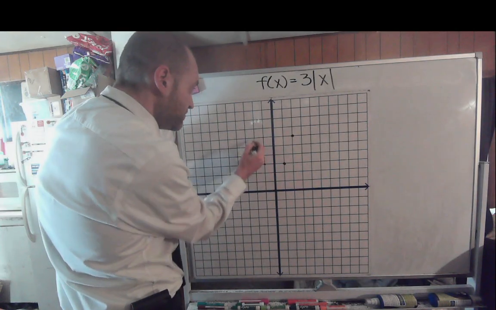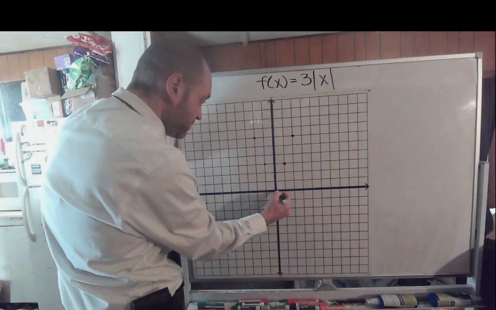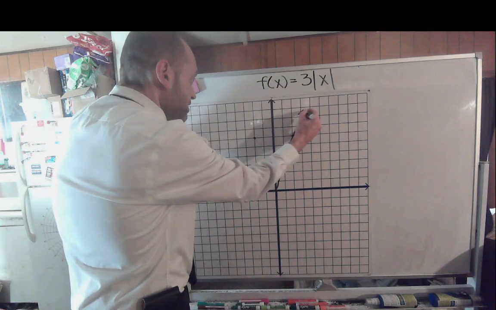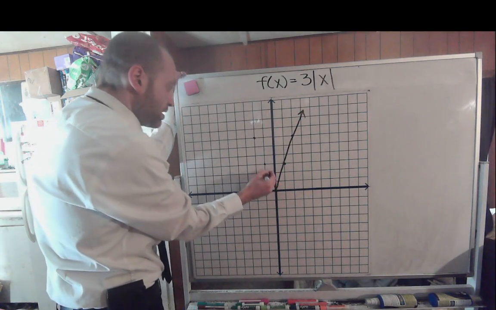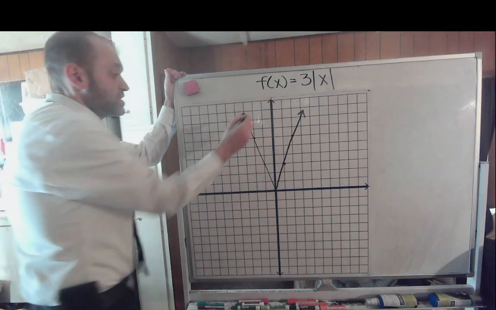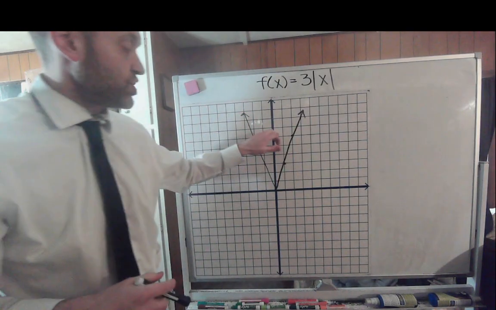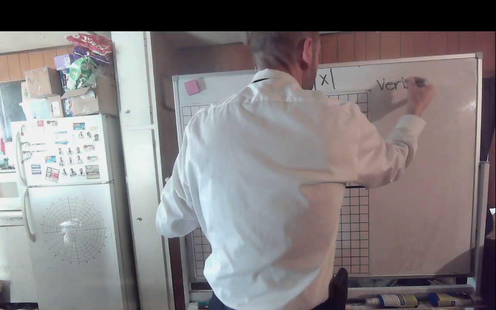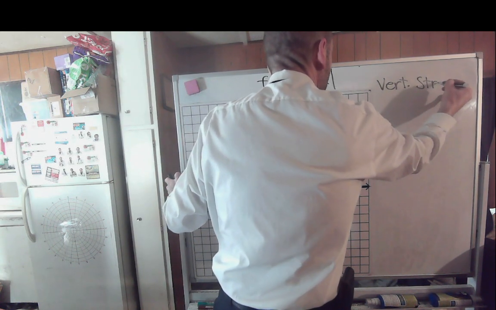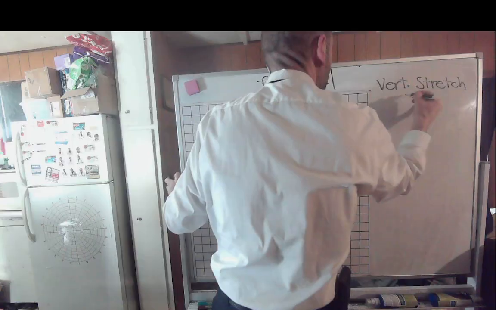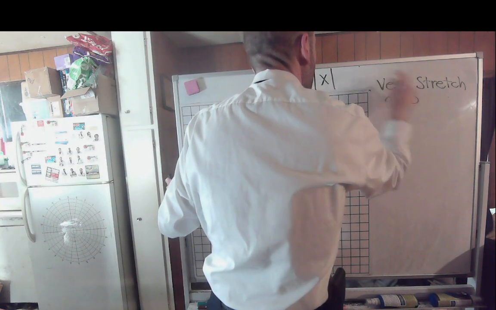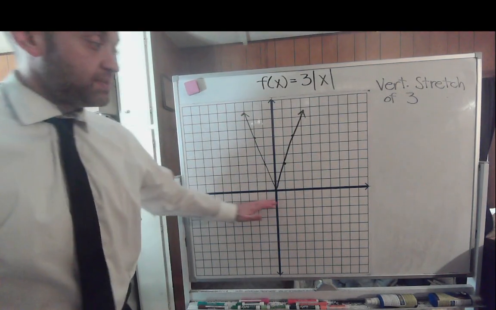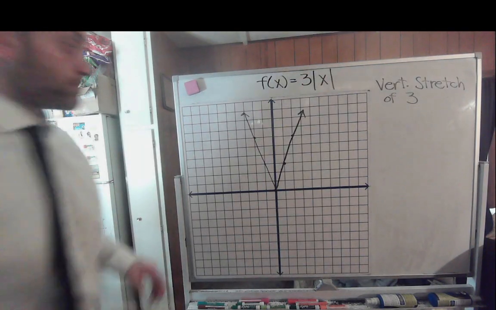When x is negative 2, I would get a y of 6. So here's the graph of f of x equals 3 times the absolute value of x. So this is a vertical stretch of the original absolute value of x. This is a vertical stretch of 3.